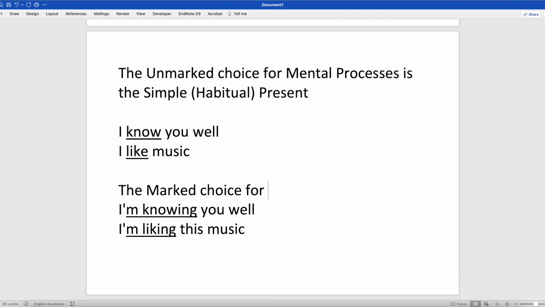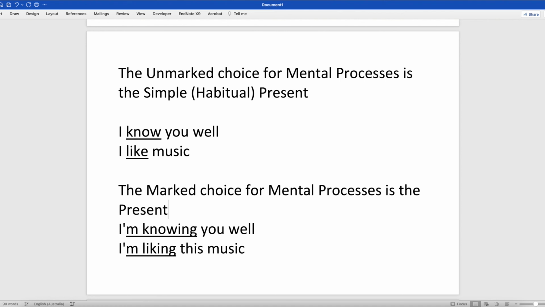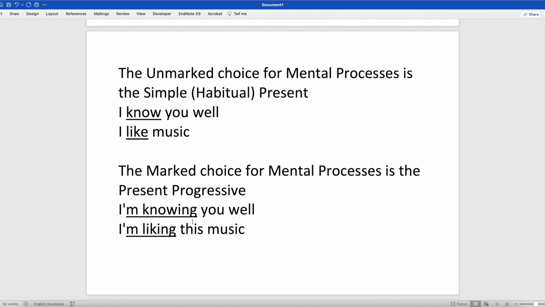When we're using mental processes, in other words, processes of thinking and feeling and sensing, then the marked choice is the present progressive tense, such as, I'm knowing you or I'm liking the music. This is like the relational processes. This is a very special case if we use the present progressive in this way.